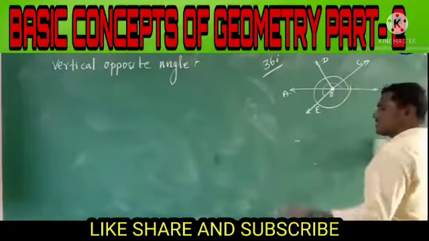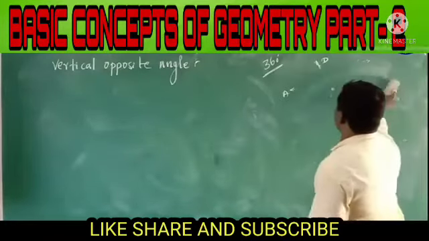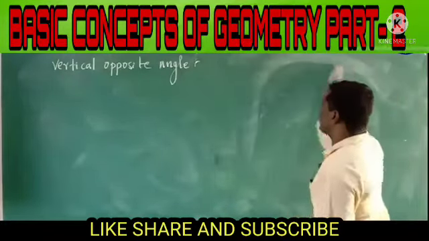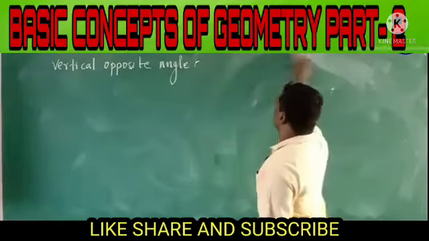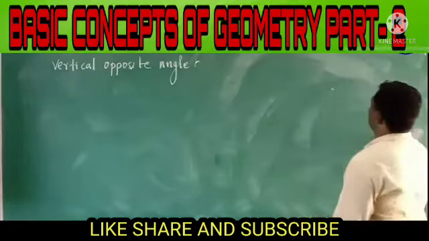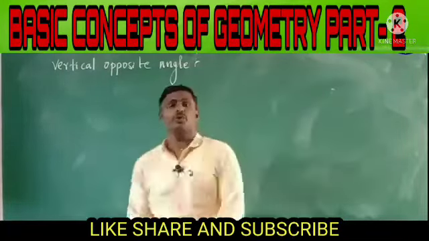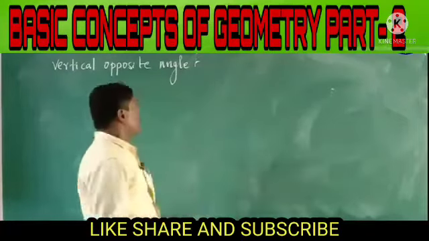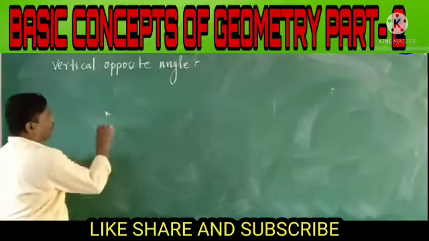As we already discussed in the first chapter, if two lines intersect at one common point, that common intersecting point is called a point of intersection, right? Take one example here.